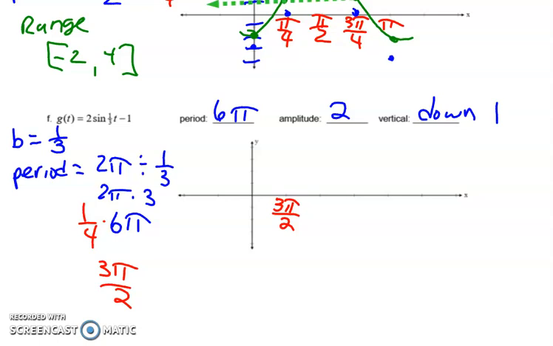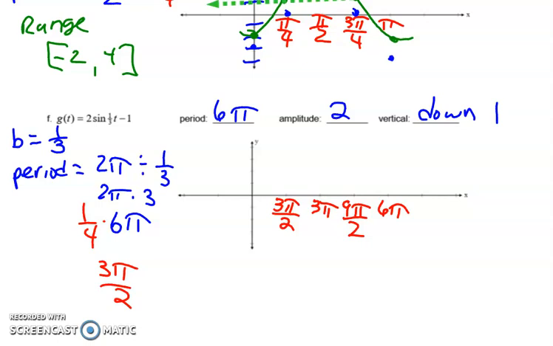Then we add another 3 pi over 2, that's going to end up being 3 pi. Then we add another 3 pi over 2, that would be 9 pi over 2. And then again, that fourth mark is going to be 6 pi. So we're taking care of the period.